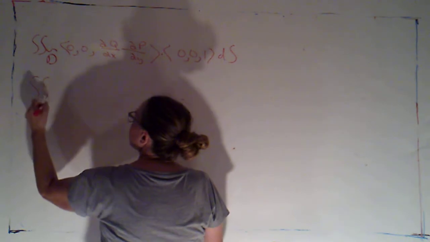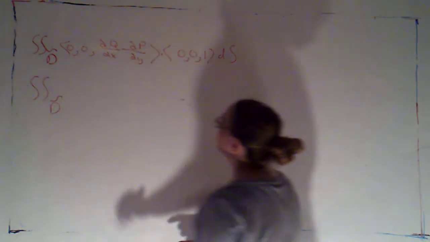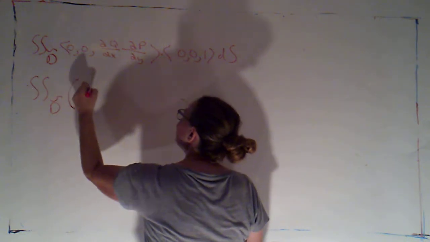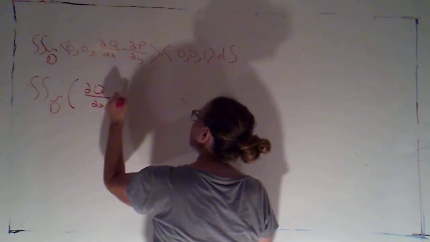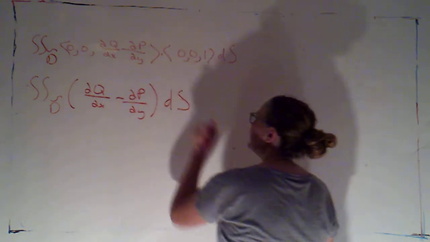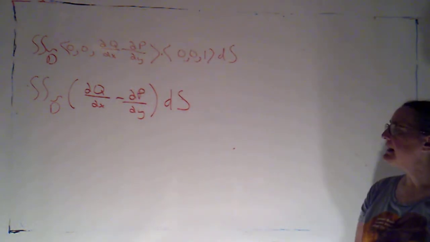So that's the double integral over D tilde of nothing, nothing, and then one copy of the partial of Q with respect to x minus the partial of P with respect to y dS.